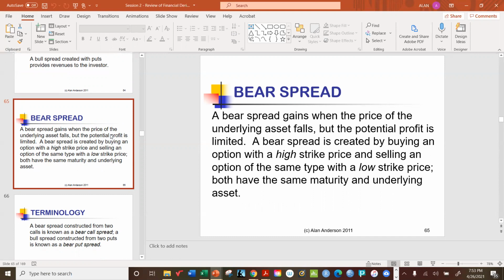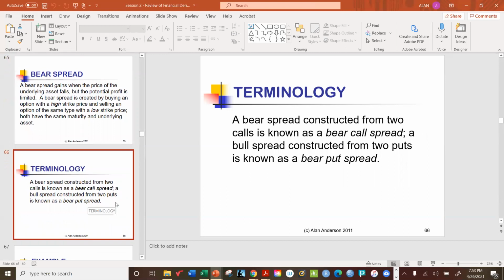But you're doing it in such a way that there's a limit to how much you can make, but it's a cheaper position than simply buying, let's say, a put, whatever the case may be. This is a cheaper alternative, but it also causes you to sacrifice some of your upside potential. Just like with the bull spread, it can either be constructed of calls or puts, so we either call it a bear call spread or a bear put spread.